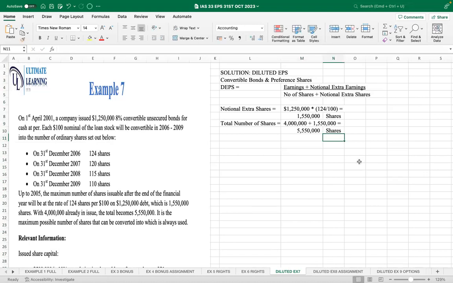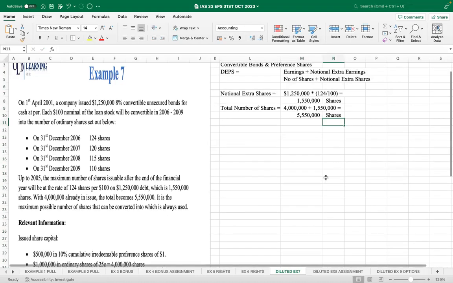That is the total number of shares. Now, in order to calculate the diluted EPS or even the basic EPS, we said you need to find the profit attributable to ordinary shareholders. In short, profit after tax minus preference dividends.